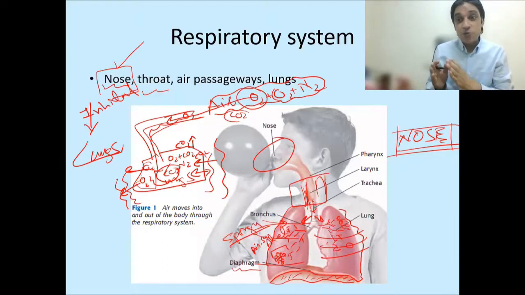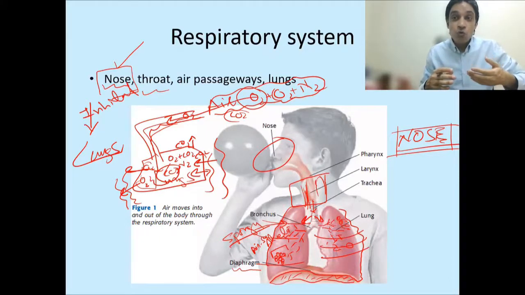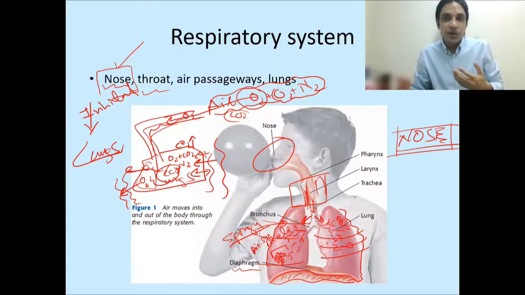Sometimes the temperature outside is quite low, so within the nose, because of the wet conditions and the time spent in the nose, the gas warms up a little bit, so that your body does not experience a shock of temperature. So it helps in all these procedures.